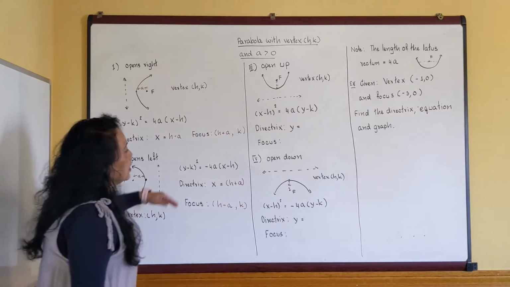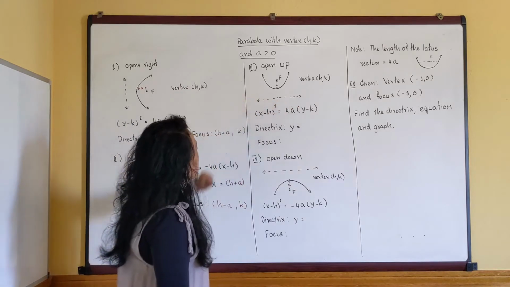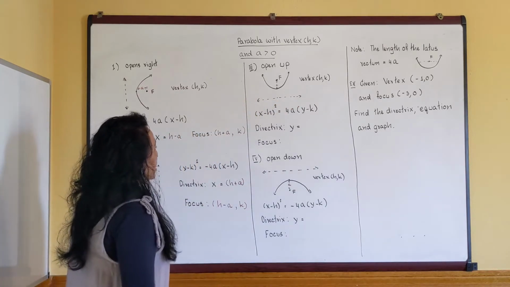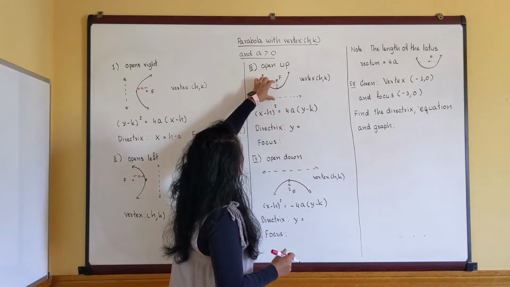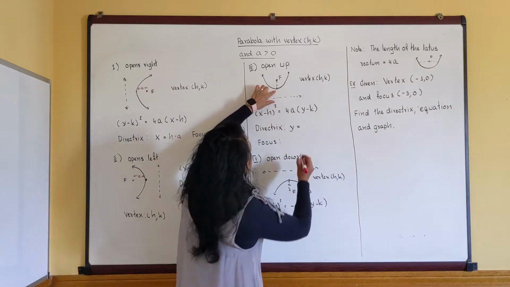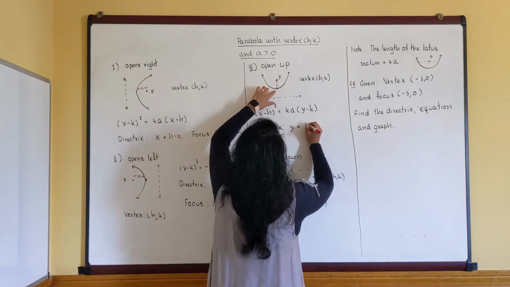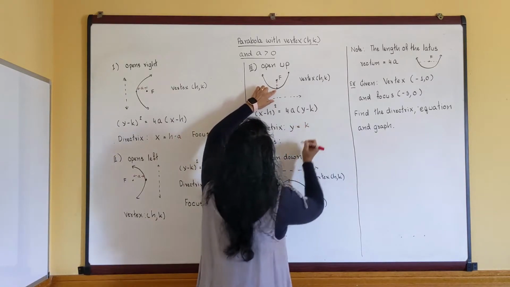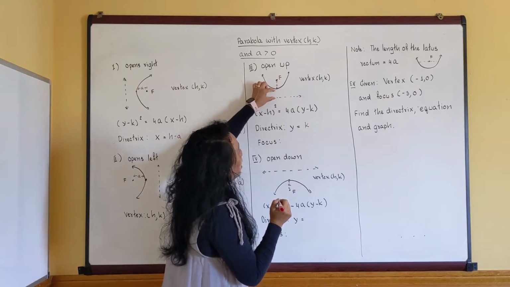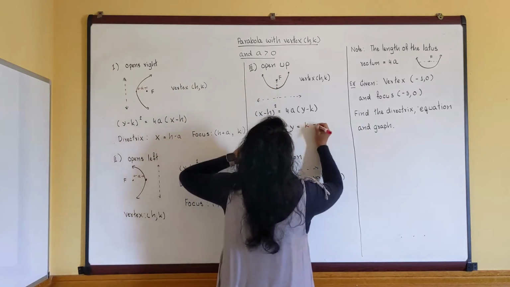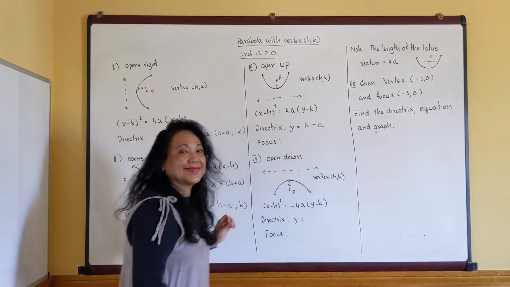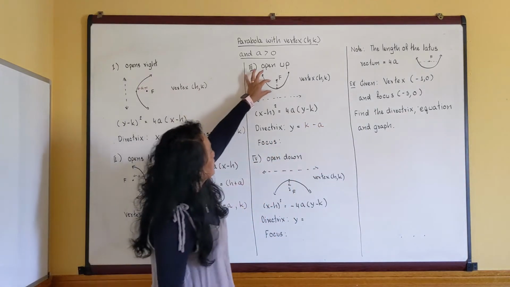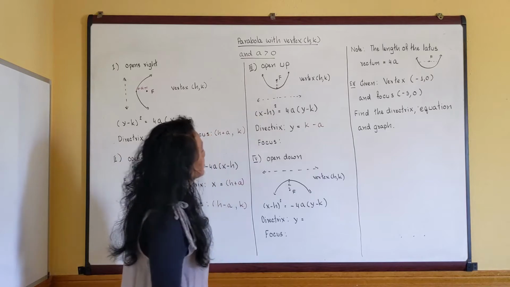Now if we want to find the directrix, which is horizontal, y is changing. Right here is k, but it's going down, so it's going to be k minus a, right? Because here is a, but it's going down.